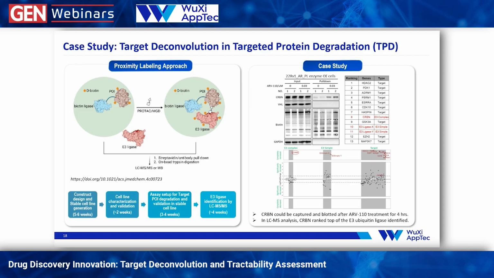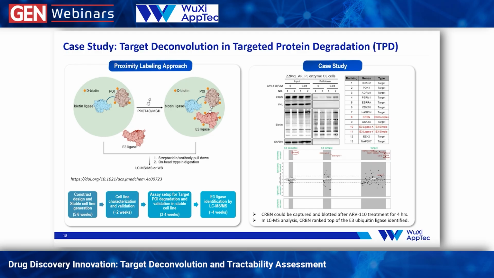We also identified several other E3 ligases, which we call E3 ligase X and E3 ligase Y, that could also be involved in the ARV110 treatment. Of course, cereblon is the top one identified in this POC study because we are using a reference compound.